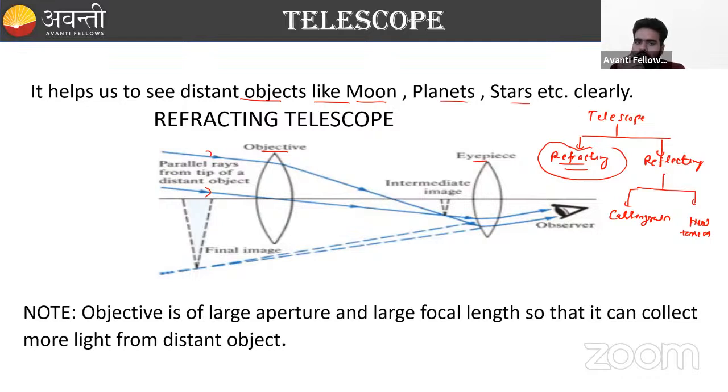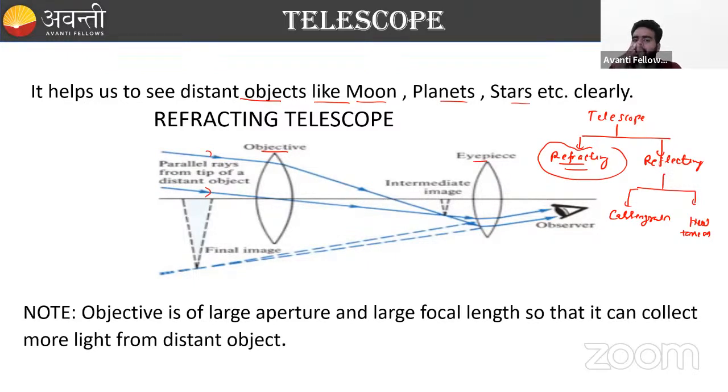Why is this happening here? Because we want the rays coming from the distant object. If the object is at a far distance and the lens is small, the lens is not capable of capturing more and more rays, so a clear intense image is not formed.